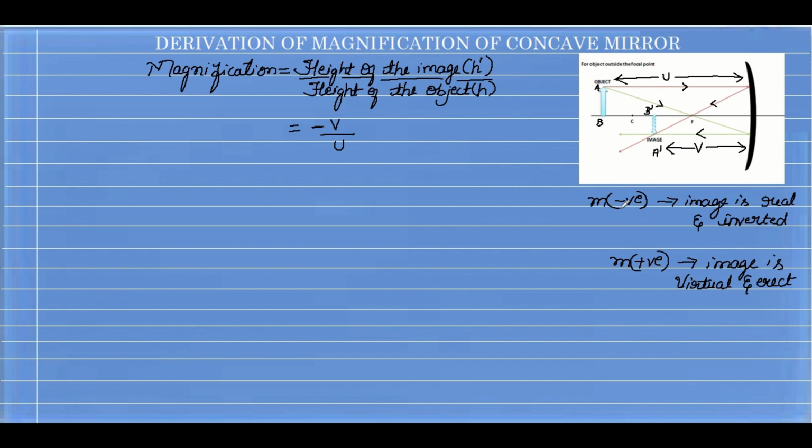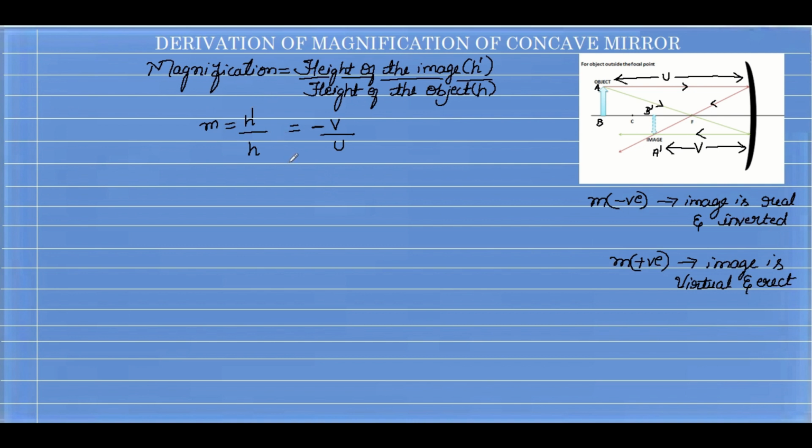Next, what is magnification? Magnification produced by a spherical mirror gives the relative extent to which the image of an object is magnified with respect to the object size. It is expressed as the ratio of the height of the image to the height of the object, and is usually represented by the letter M. So magnification is represented by small letter M, which is given as h dash, that is height of the image, by h, height of the object, and which is given as minus V by U. If h is the height of the object and h dash is the height of the image, then magnification produced by a spherical mirror is M is equal to h dash by h.